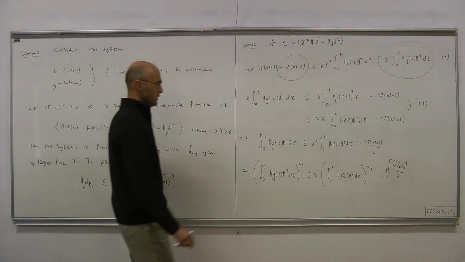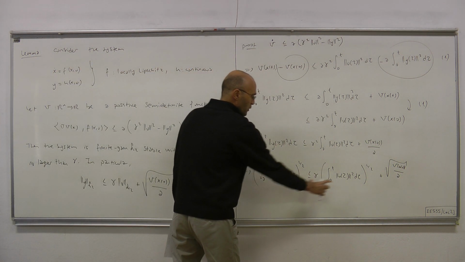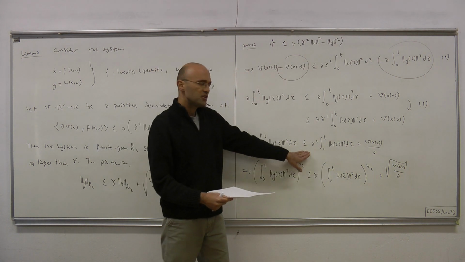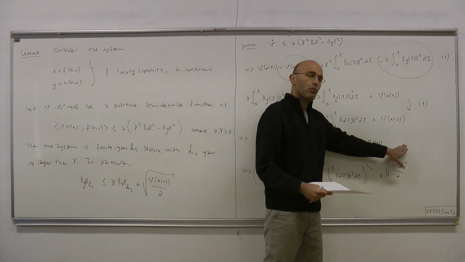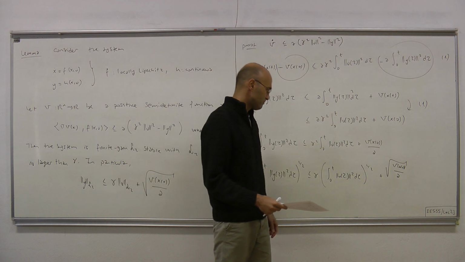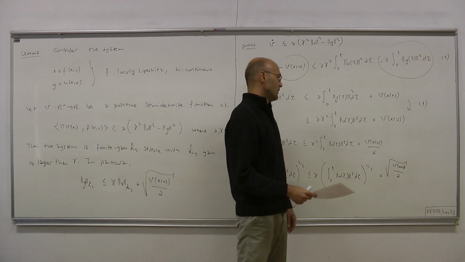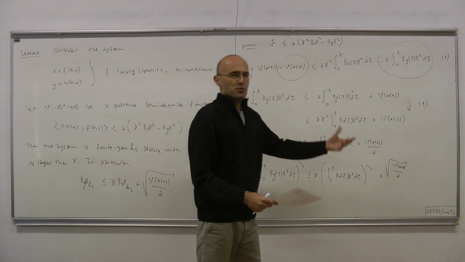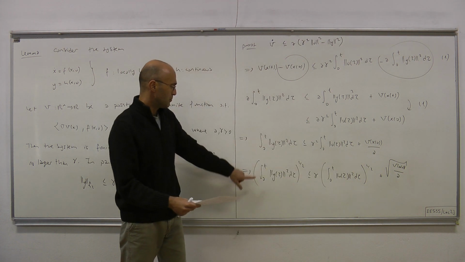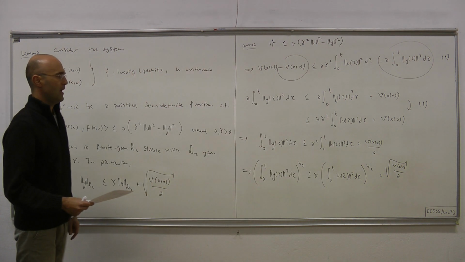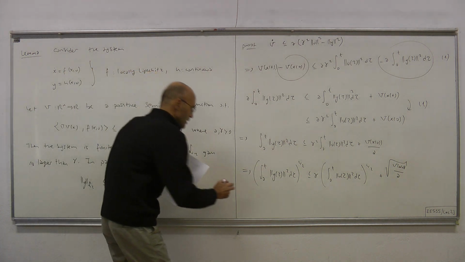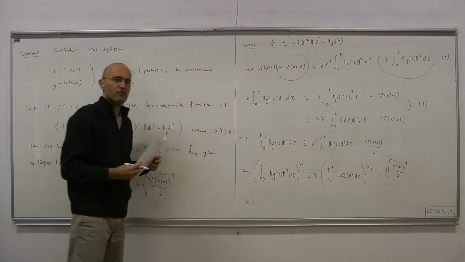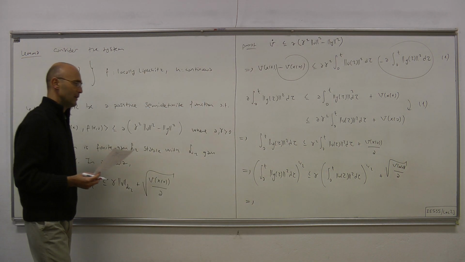Again, if you take the square of both sides, what you have is this inequality plus the positive cross term, and since the cross term is positive, it's clear that this implies that. We have therefore reached no other than the definition of L2 stability.